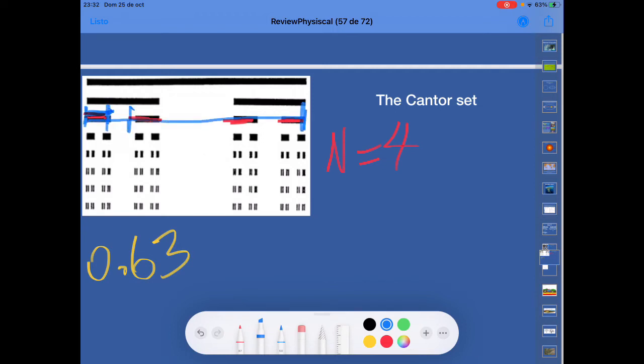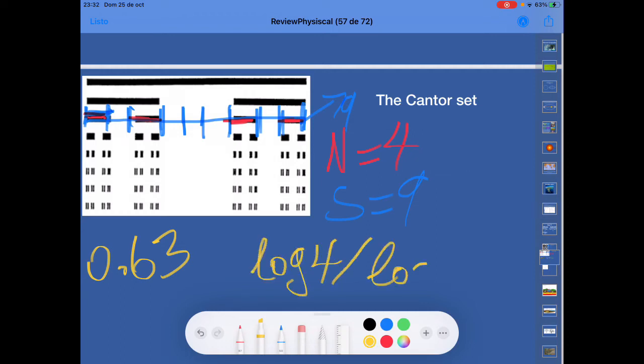So I have 1, 2, 3, 4, 5, 6, 7, 8, and 9. I need 9 lines. So my scaling factor is 9. So what I would do is logarithm of 4 between logarithm of 9. If I do it, 9 logarithm between 4 logarithm equals 1. Oops, I made a mistake, sorry.